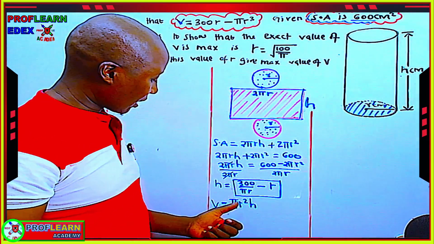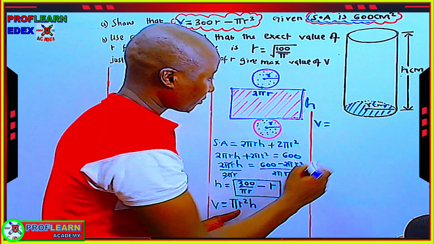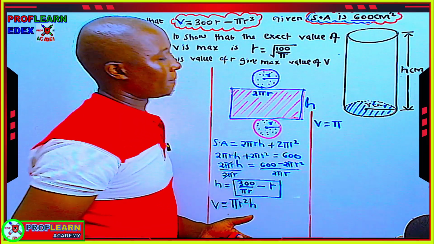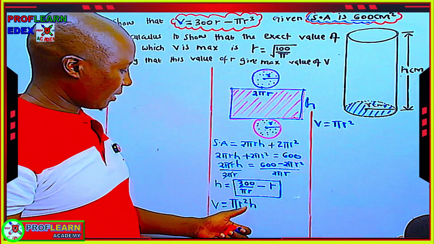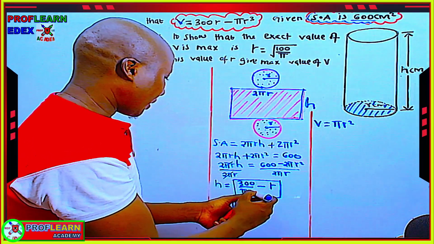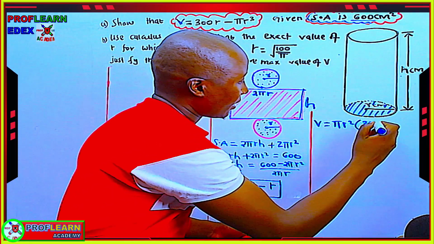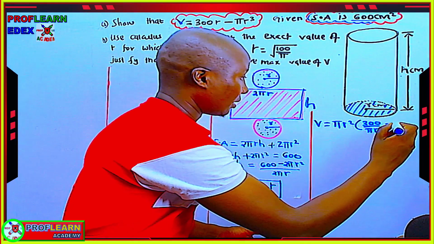So our volume is V equals pi times r squared times h, but our h is 300 over pi r minus r.